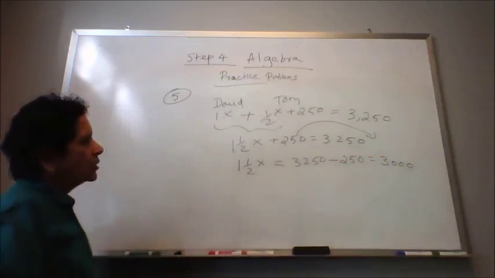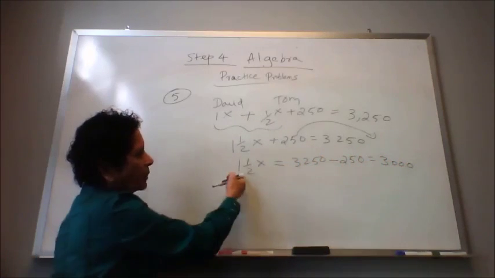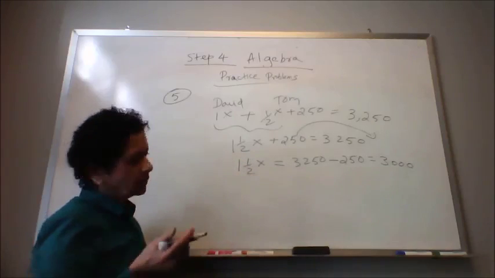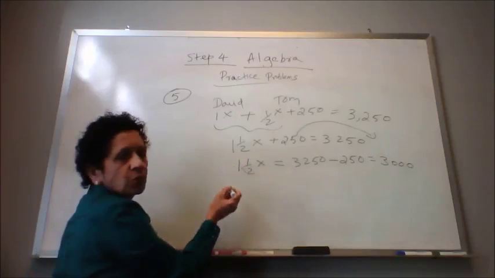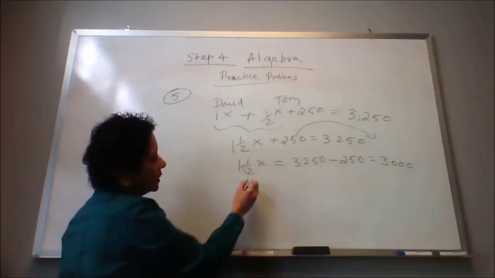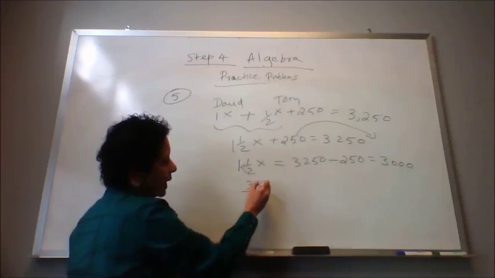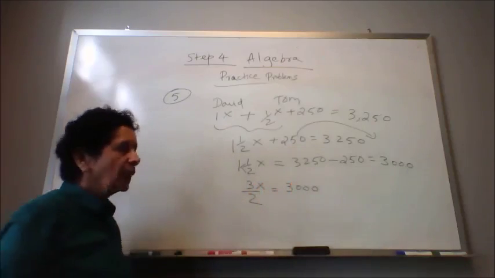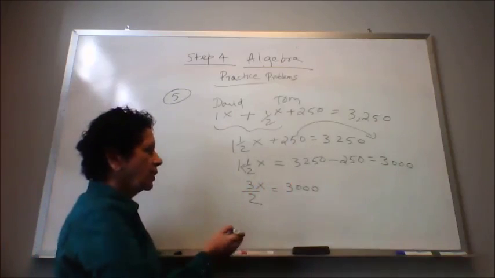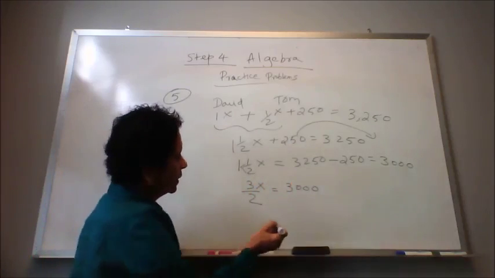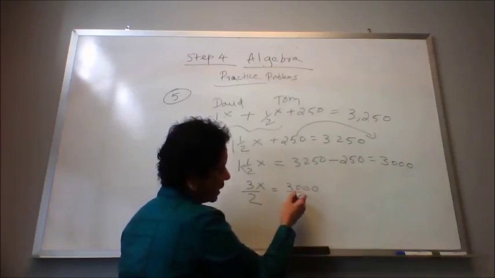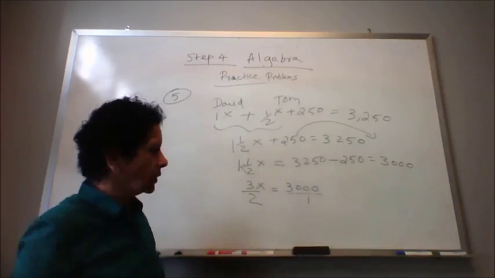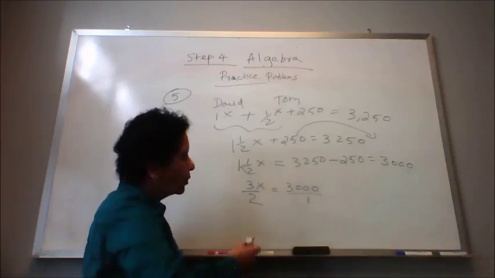Now anytime I have a mixed number, I have to convert it to an improper fraction, right? So 2 times 1 is 2, plus 1 is 3, so it's 3 over 2 X, equals 3,000. On this side I have 3,000, so I can just write that as 3,000 over 1, right? Anything divided by 1 is just that number.